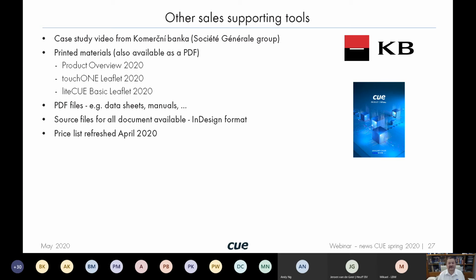If necessary, please ask us, and we can give you native files for many of those documents in InDesign format, so you can get access to high resolution pictures if you want to use them in your documentation, on your website, or in your presentation.